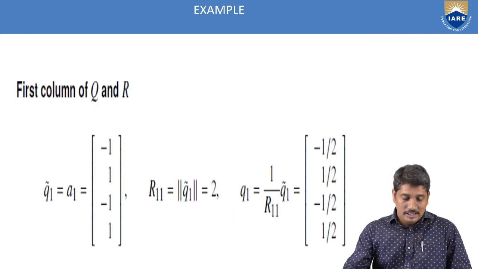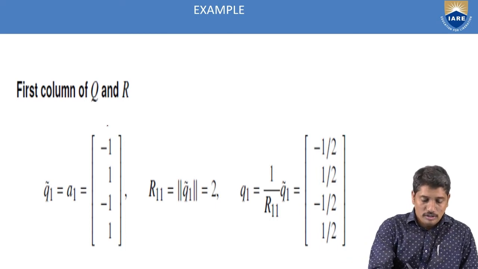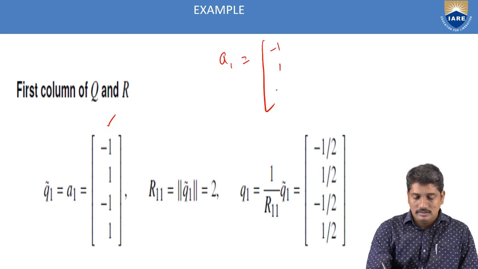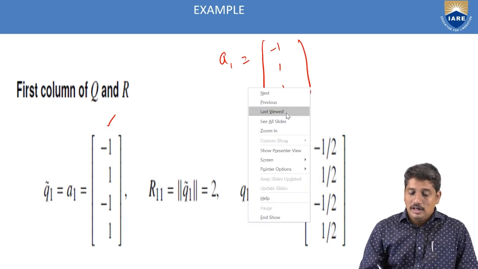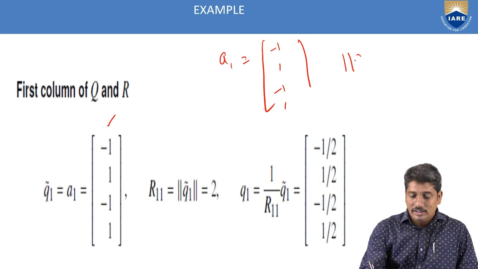Now, let us consider the first column vector of the given matrix A, that is a1. This is our given matrix, first column vector: minus 1, 1, minus 1, 1. Now we are calculating the norm of a1.